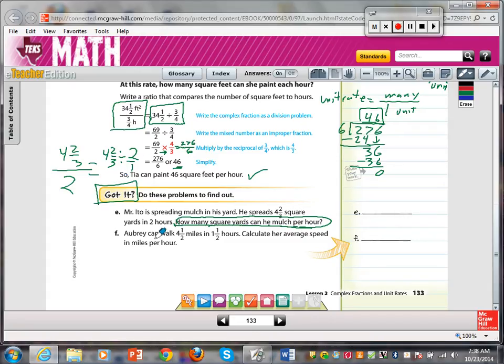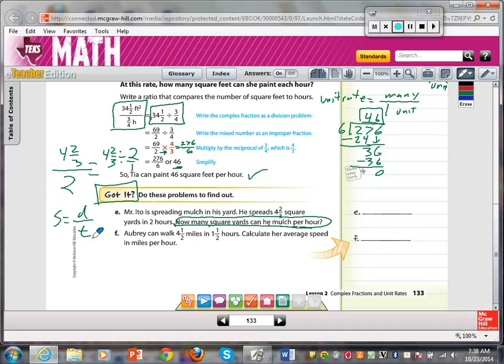This one, similar manner. Aubrey can walk 4.5 miles in 1.5 hours. Calculate her average speed in miles per hour. Well, miles per hour, average speed is always miles divided by hours. So speed is always equal to the distance divided by the time. And this is the formula that's basically guiding you to finding the speed.